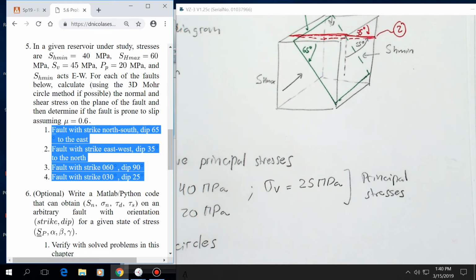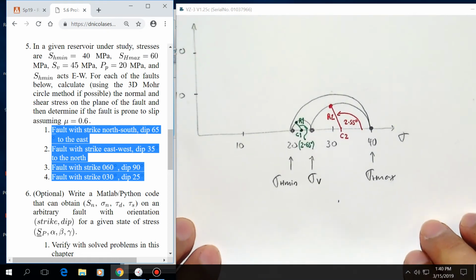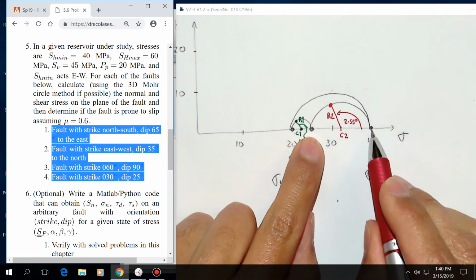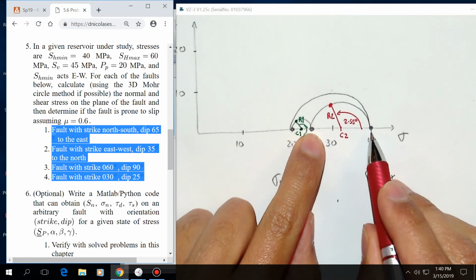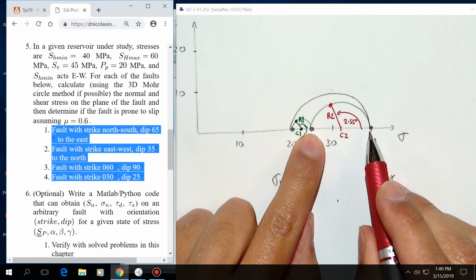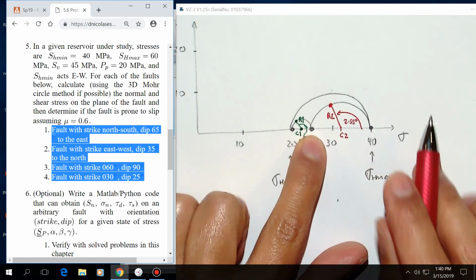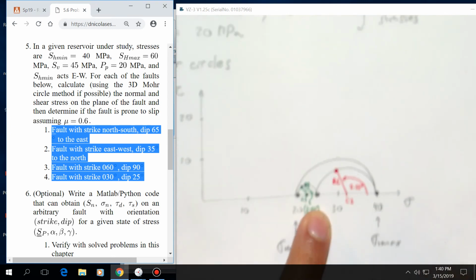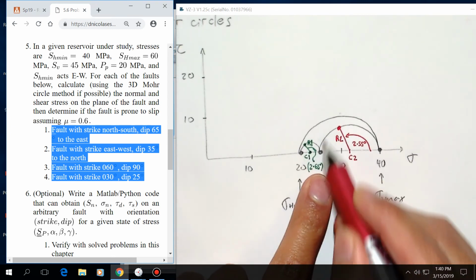Can you go back to the circle? So the point would be in some space between the biggest circle and another circle if it's a fault that cuts through all 3 planes, basically, right? Is that how this works? If you have a fault which does not coincide with any of these directions, it's an oblique plane, it's going to be somewhere in between.